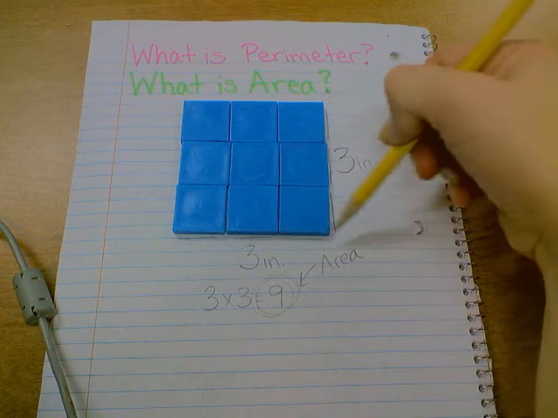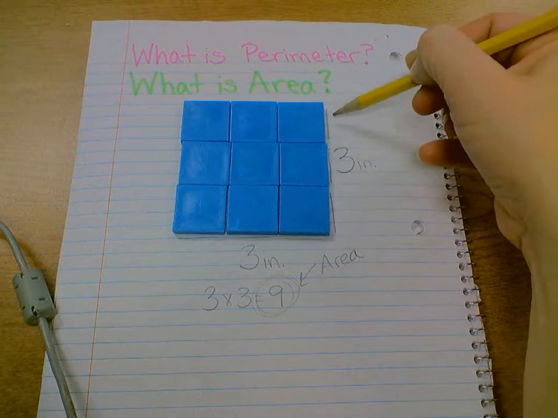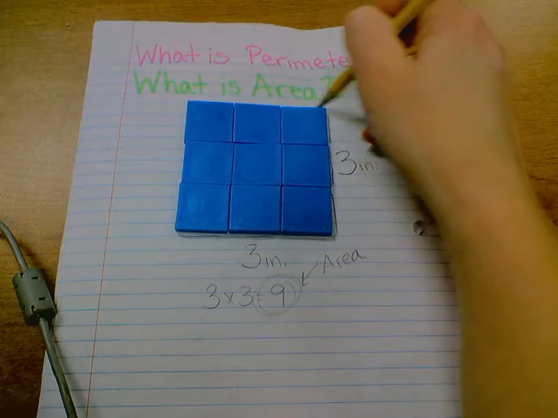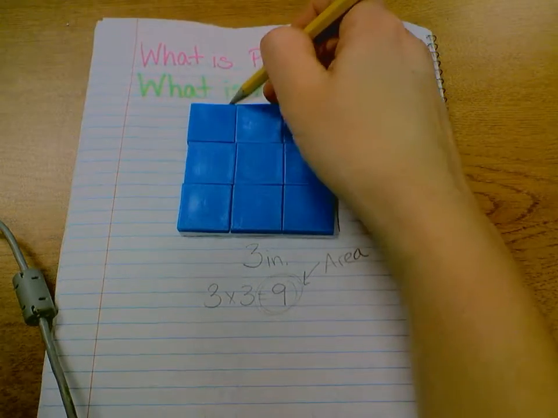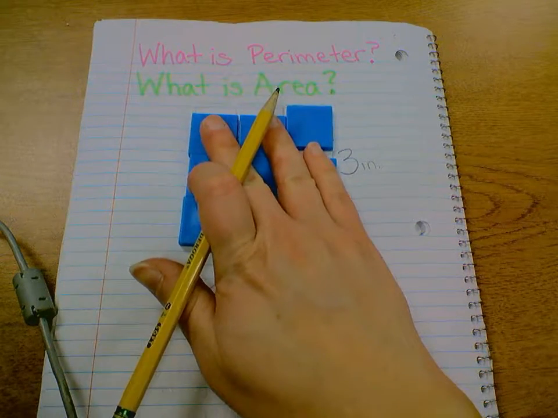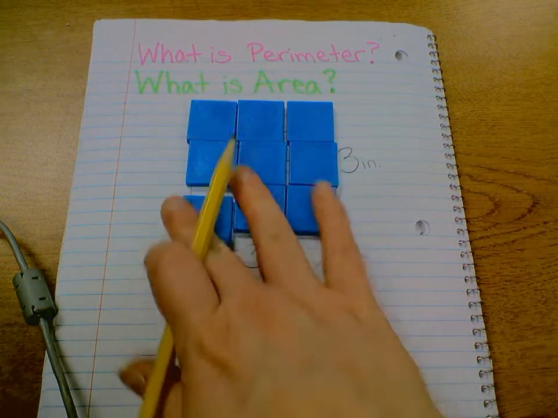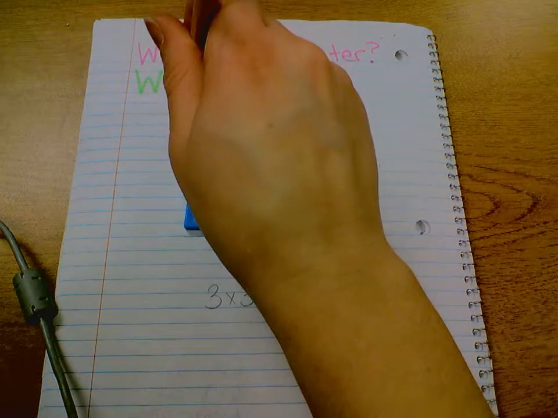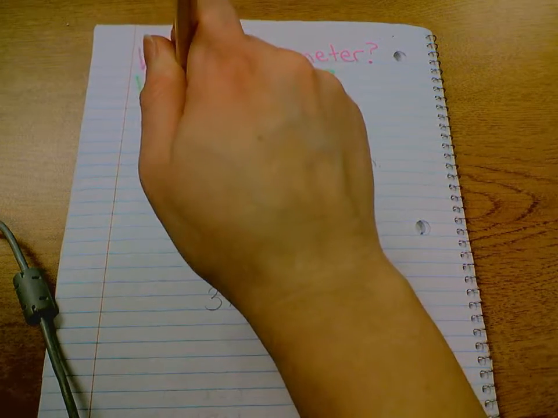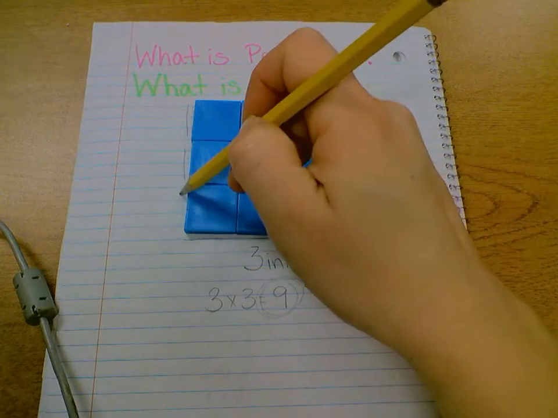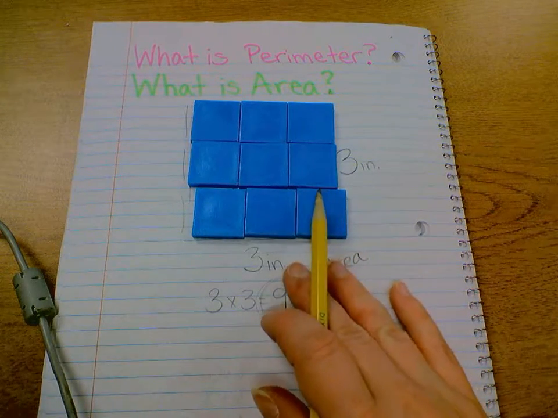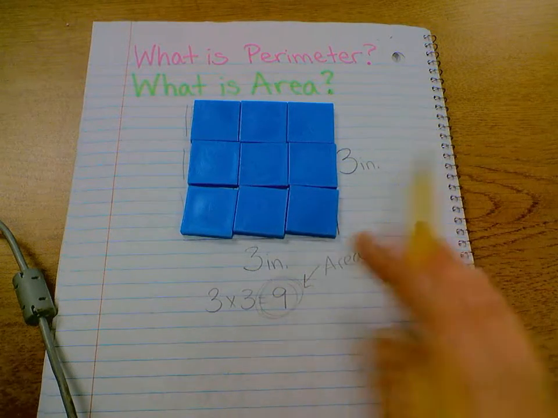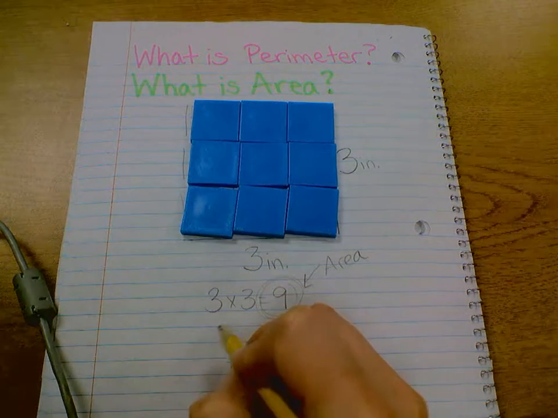So I did 3 plus another 3 was 6, and I'm going to keep counting them. 7, 8, 9. If you can see, look what I did. I drew my little lines up there, and now I'm going to do the other side and keep counting. 10, 11, oh, I'm sorry, 12. So the perimeter of this array was 12.